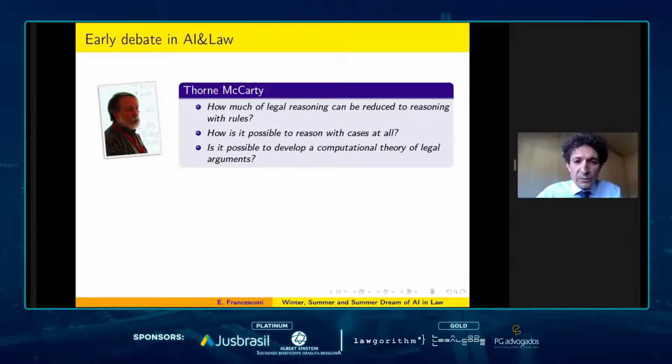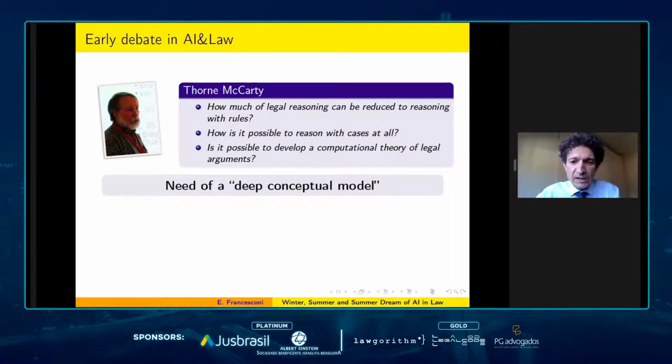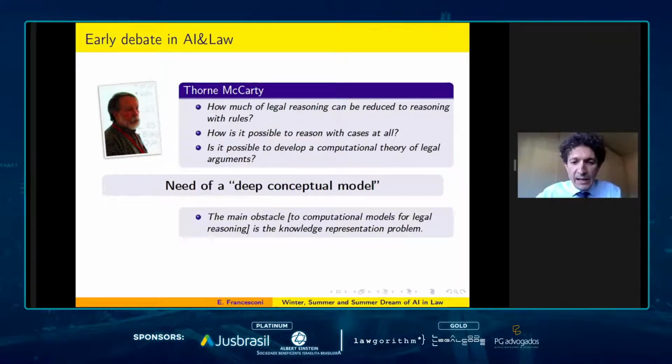In order to respond to these questions, Thorne identified a possible solution in the need for a deep conceptual model, and he also identified an obstacle in the so-called knowledge representation problem. That's why in ICAIL 1989, he introduced a language for legal discourse.